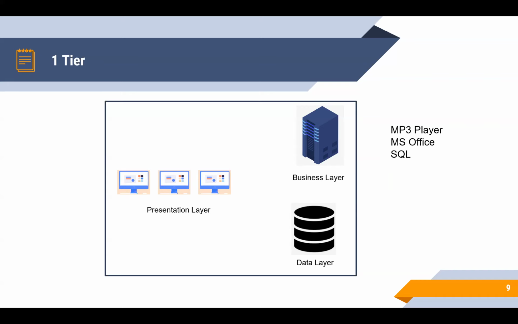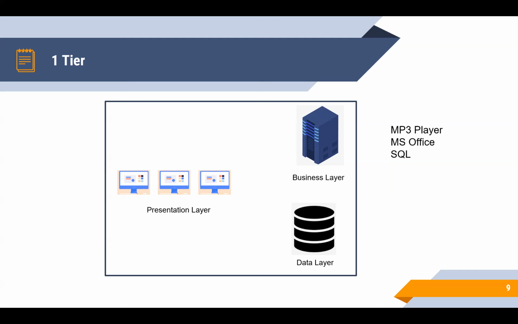Now, as you guys already know, in computer science or in IT, because of some problem, new evolution will come or new things people will discover. So in the one tier architecture, people faced the issue that we are facing a scaling issue.